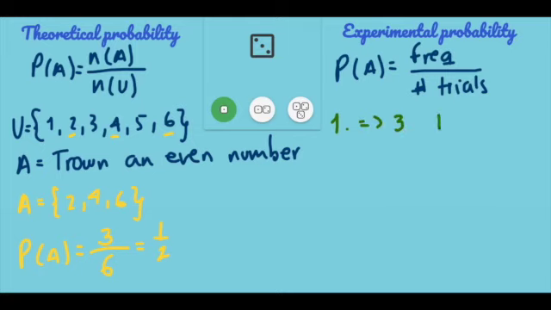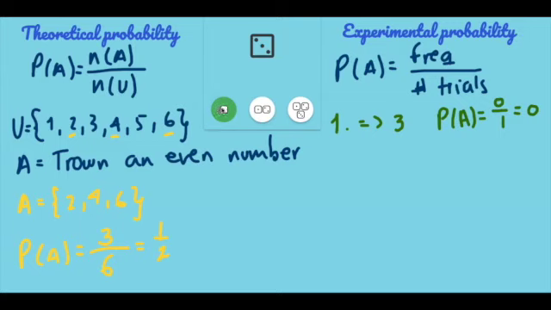And the probability of throwing an even number is going to be equal to what? How many even numbers do we throw in this experiment? Because this one is 3, it is 0, over how many times we try the experiment? Just 1. So our probability of having an even number is 0.